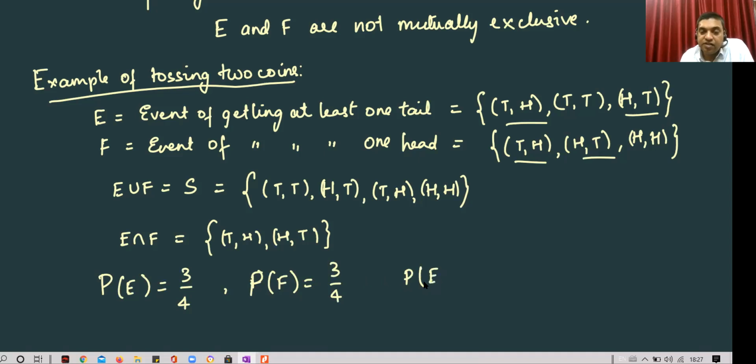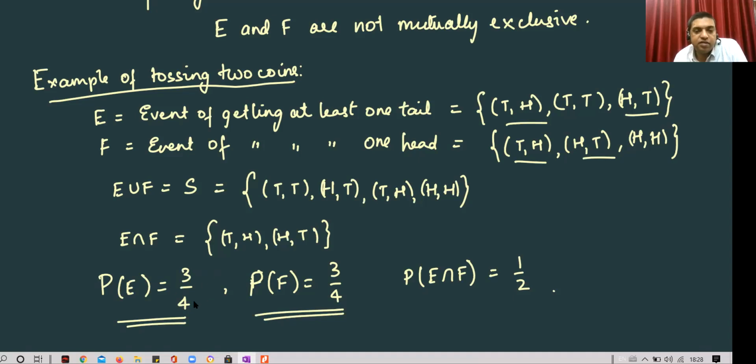Probability of E plus probability of F is 1.5, and probability of E intersection F is half. Understood?